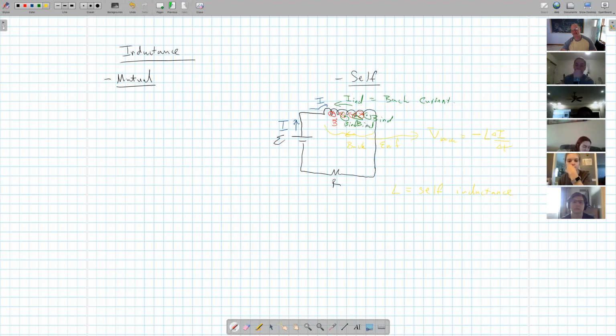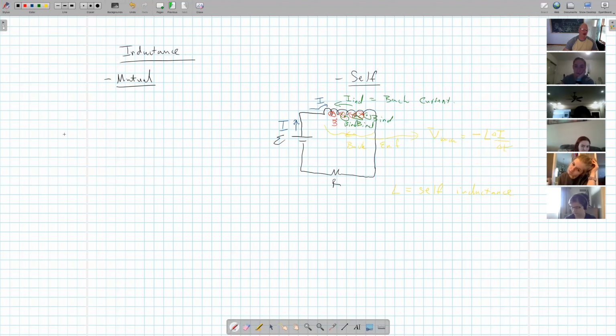So the direction of this induced magnetic field will be the same as the magnetic field here, which means the induced current would be in the same direction as this current, causing it to go to 0 much more slowly as opposed to instantaneously. This is what we call self-inductance. This thing is feeding off of itself. It is either hindering itself when I'm trying to charge it up, or it is keeping it going when I'm trying to shut it off.